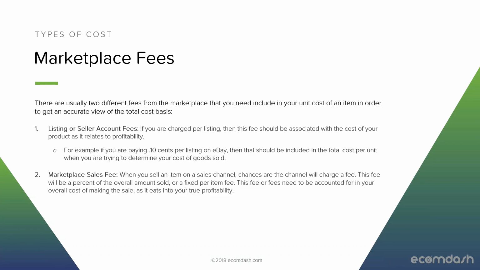Once you have the items in your possession and are ready to start listing, these are more costs that come into effect and really need to be tracked, because they can add up, especially if you are listing large amounts and getting a lot of products out there. If you're keeping it pretty small, it's still something you want to keep track of, but it's not going to be large. If you are doing drop shipping, where you partner with a distributor or vendor and list all of their items on your sites, that's a large number of listing fees you're going to want to keep track of.